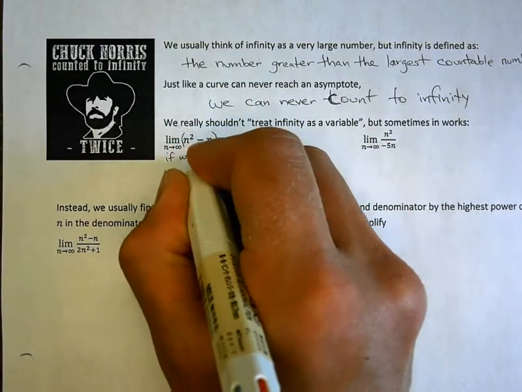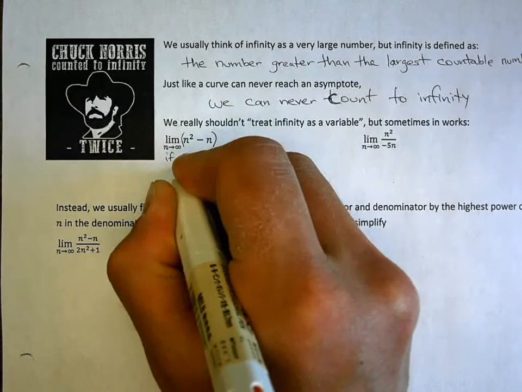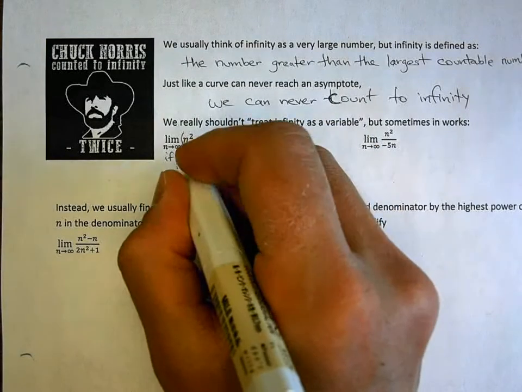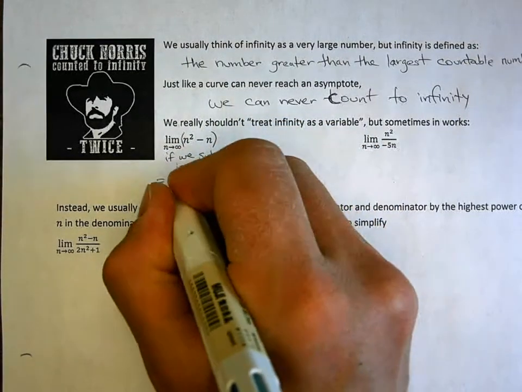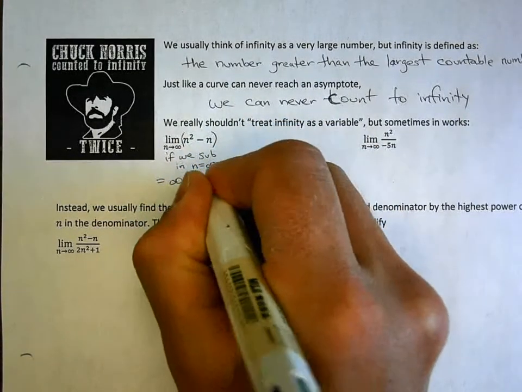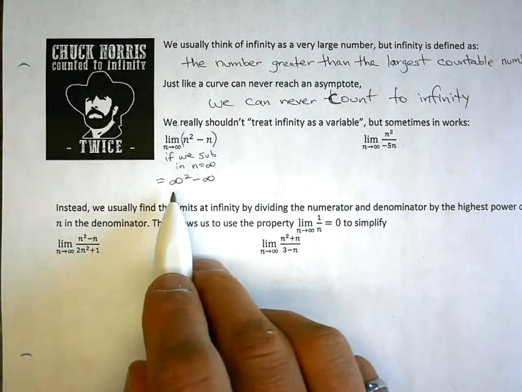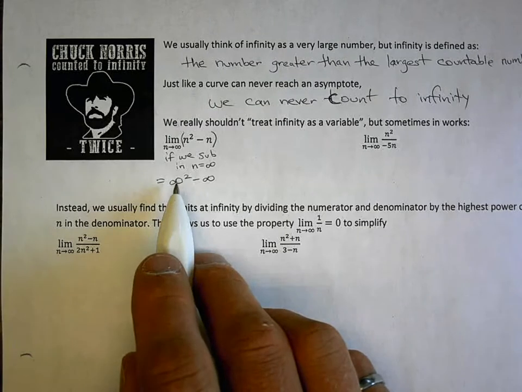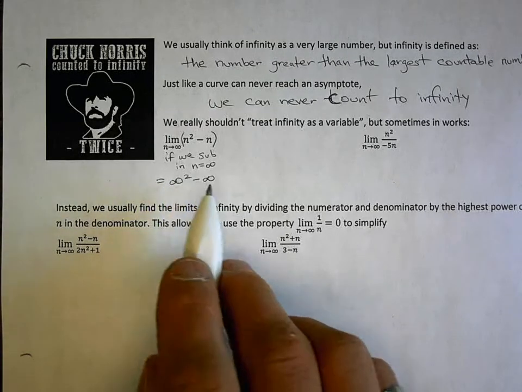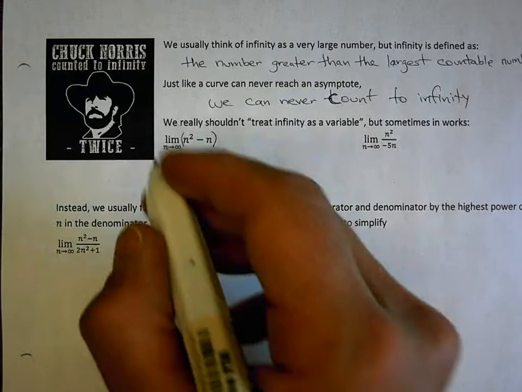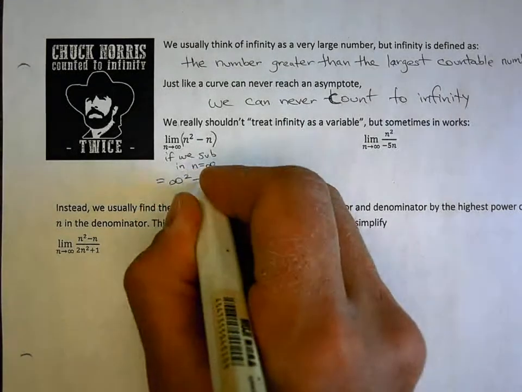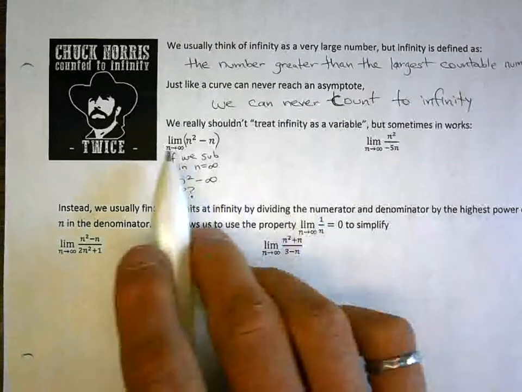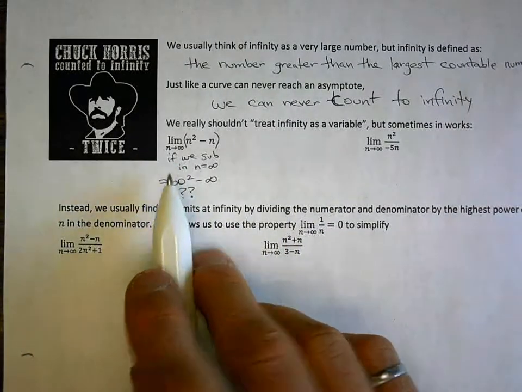If we sub in n equals infinity, then I end up with infinity squared minus infinity. Now, remember, I just told you infinity is not a number. So how do you take the largest countable number, square it, then subtract the largest countable number? Does this equal 1 infinity, half infinity? I have no idea, and so this is really confusing. This is why when we're solving limits at infinity, we can't just do direct substitution.